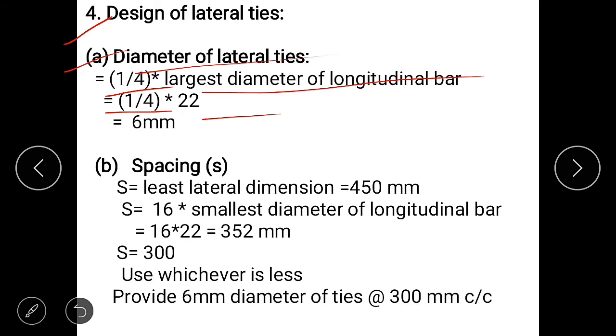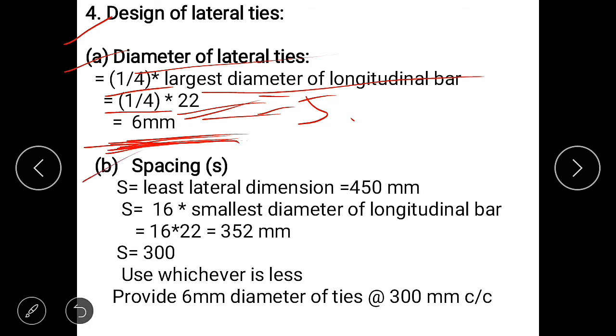So 1 by 4 into 22, the value is 5 point something. So assume here 6 mm. 6 is greater than 5 point something, so take whichever is greater. So 6 mm is used. The diameter of lateral ties is 6 mm.